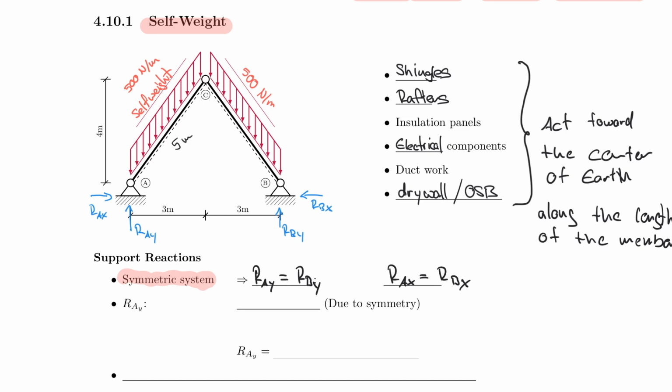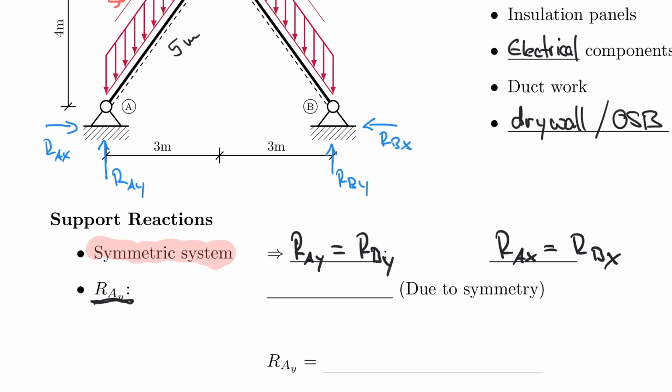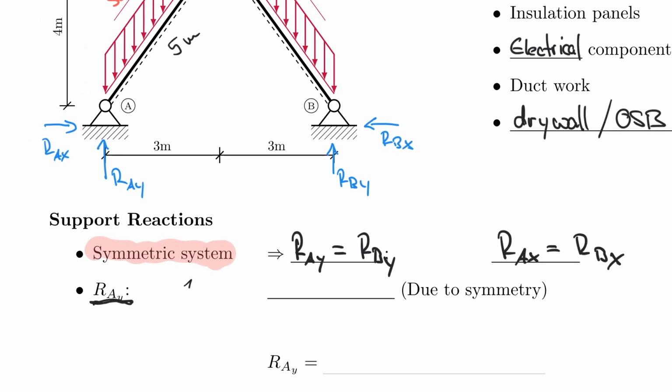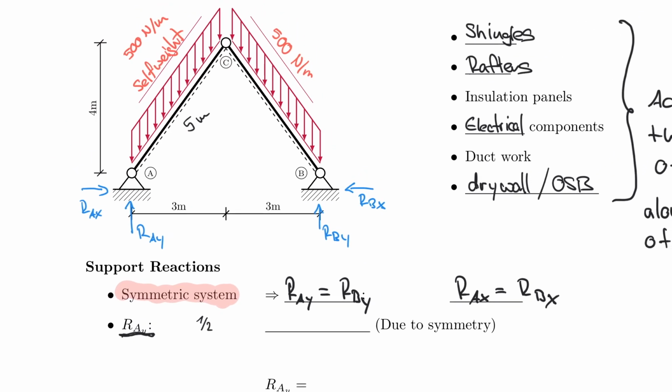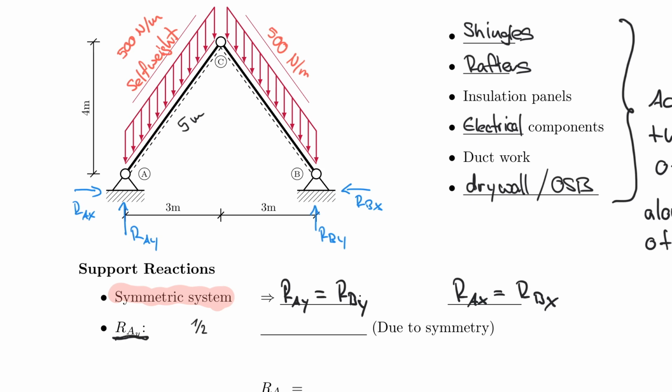So how much is RAY? That's the easier one to start with. RAY is pretty much a half of all the vertical loads that come down, or RAY plus RBY is equal to all the vertical loads. So I can write down here that it is effectively 1/2 times all the self-weight. How much self-weight do I have? I have the 500 Newton per meter over this length of 5 meters, and I have that effectively 2 times.